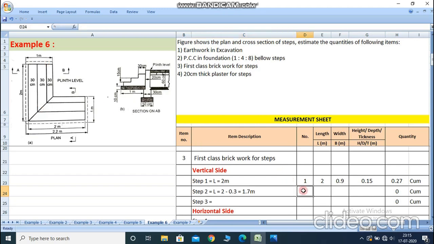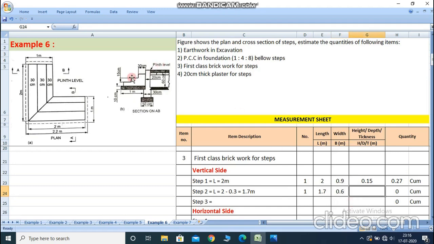So here we put the values, only a single step is provided. Length is 1.7 meter. Width is for this portion. See this cursor point, for this portion and also for this portion. Width is 0.30 plus 0.30, so 0.3 plus 0.3 is a total of 0.6.